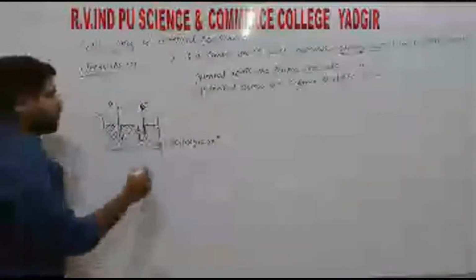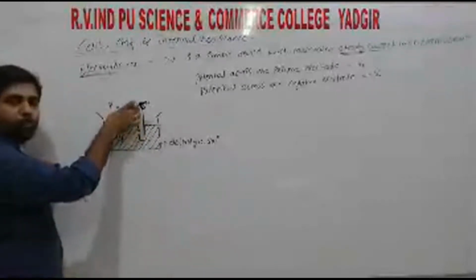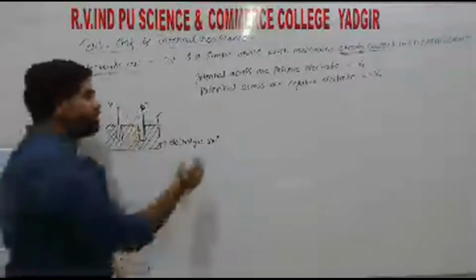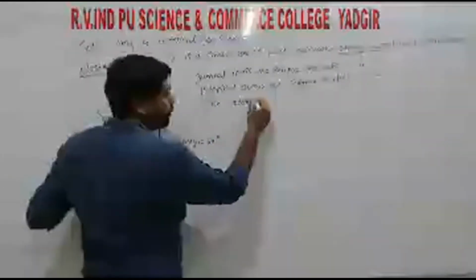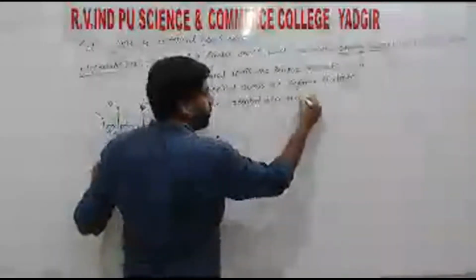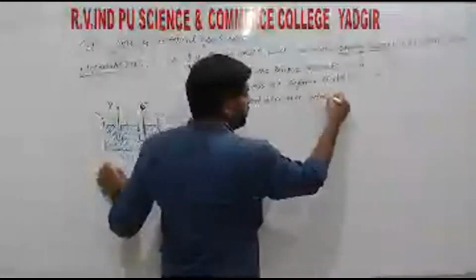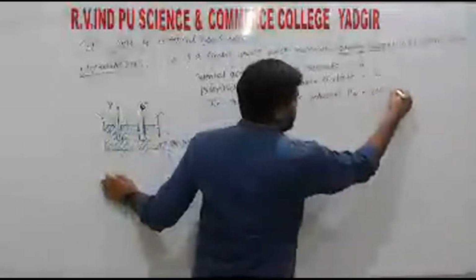Now when there is no flow of current between P and N, we find the potential difference between P and N. What is written here?